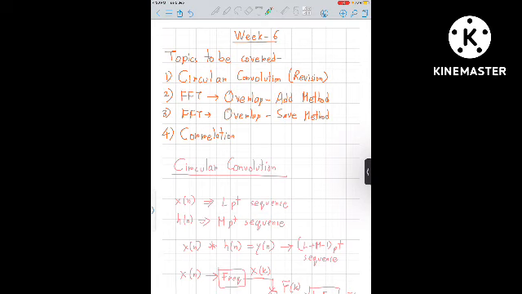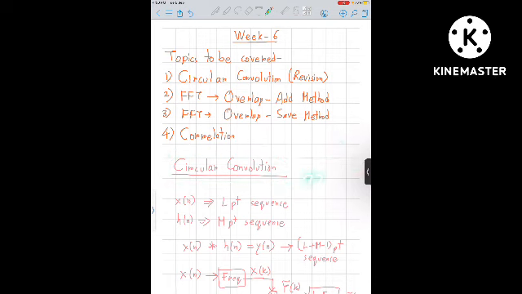So now we look into the topic of circular convolution. How does this come into the picture when we have linear convolution?